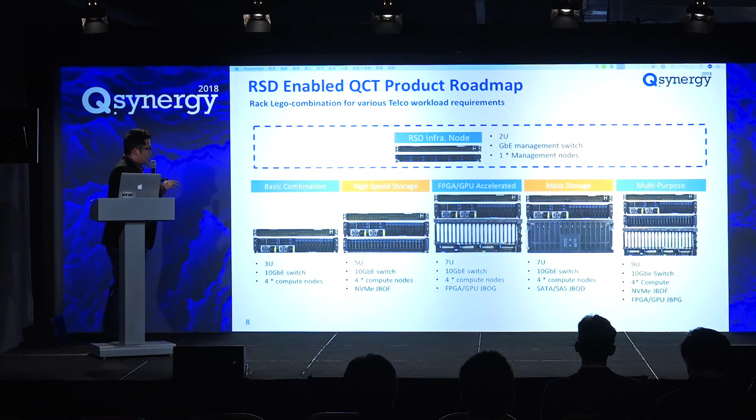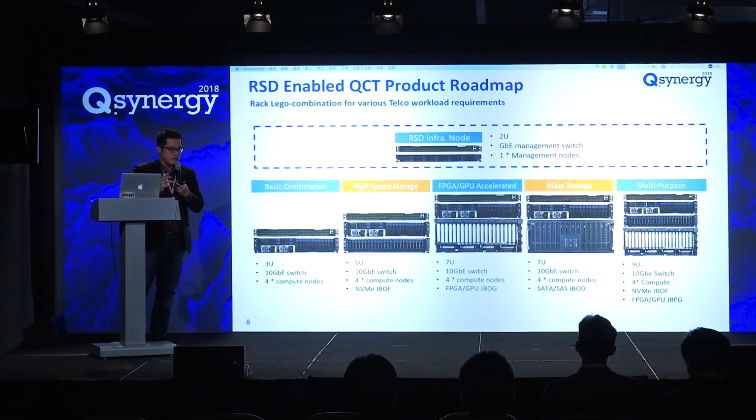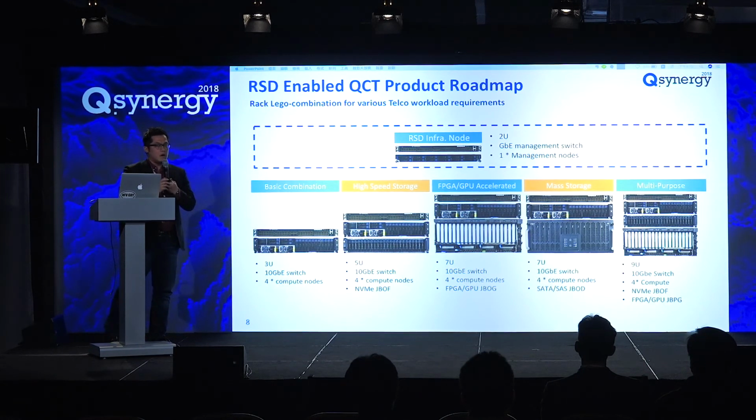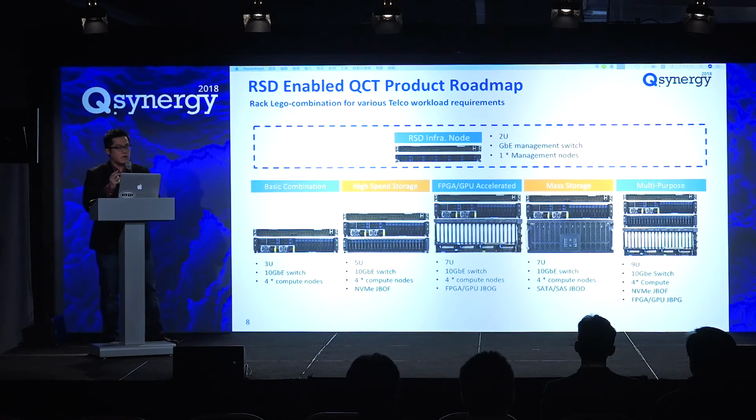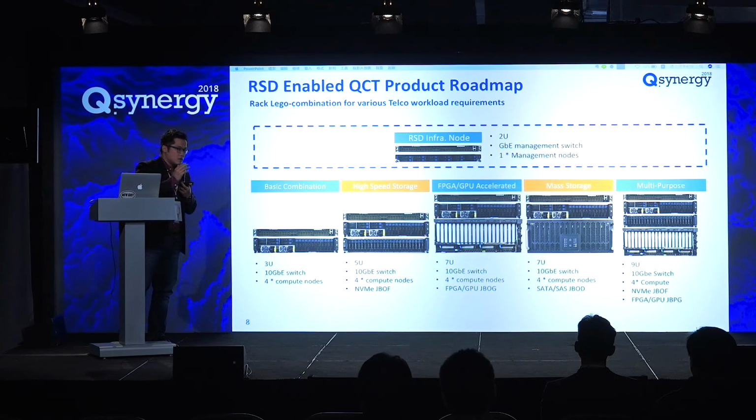When we talk to the end customers, most of them give feedback that the RSD concept is very good. But how about when we are trying to have the RSD go to the edge compute, going to different locations of a central office?